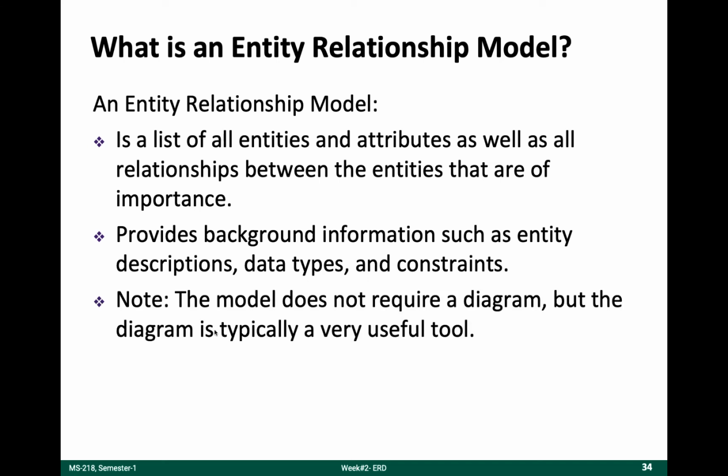Note, the model does not require a diagram, but the diagram is typically a useful tool. So this is the answer to your question as well. Technically we don't need any diagram, but to provide better visualization of our system, it's good to have a diagram, just like you do system analysis of your different things, okay?